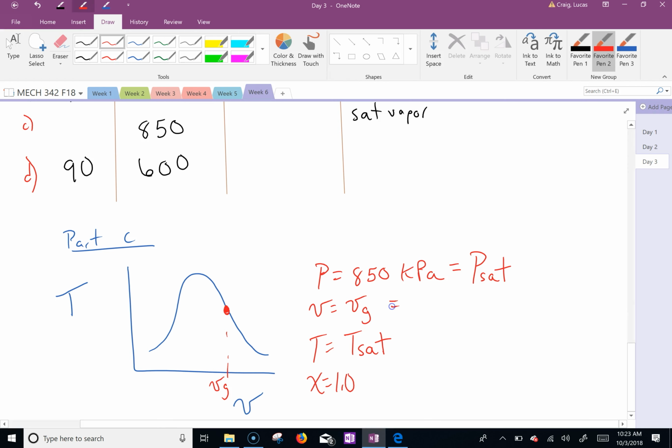So let me write these numbers and we'll go to the table. 0.024 meters cubed per kilogram. This temperature is 33.45 degrees C. Questions? Actually, no, we want to go to the chart.